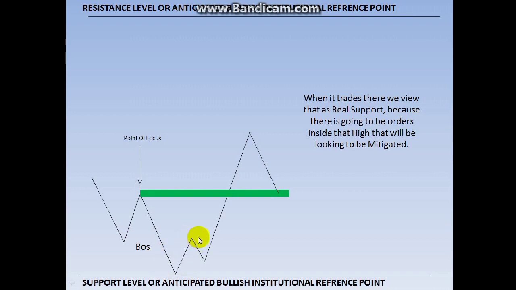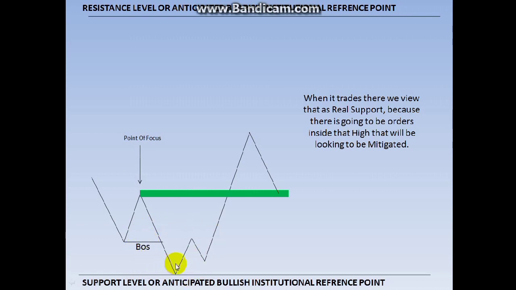There are probably some retail traders that are going to look at this as a break and retest, and they're going to place more short positions. Then eventually we had this move, and those positions that got activated down here are going to be left underwater, or in other words, they're going to be running in losses.